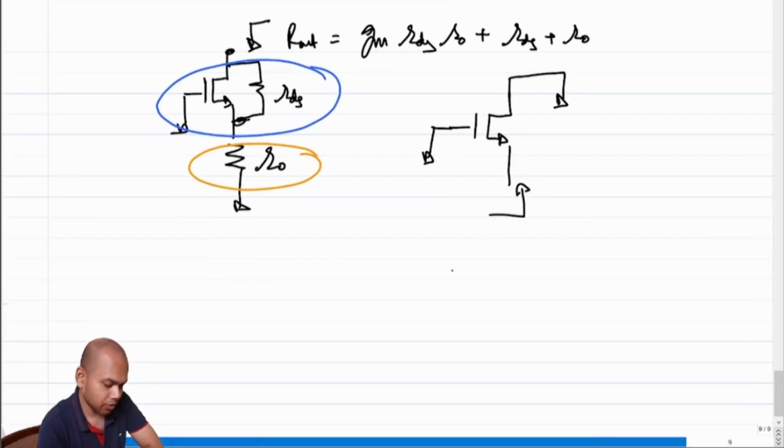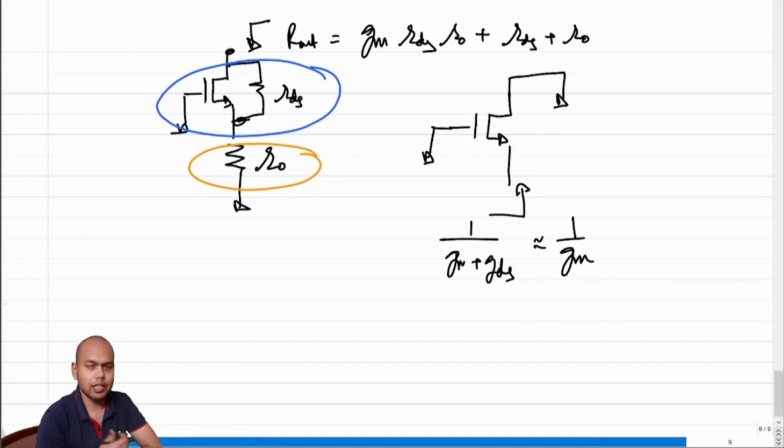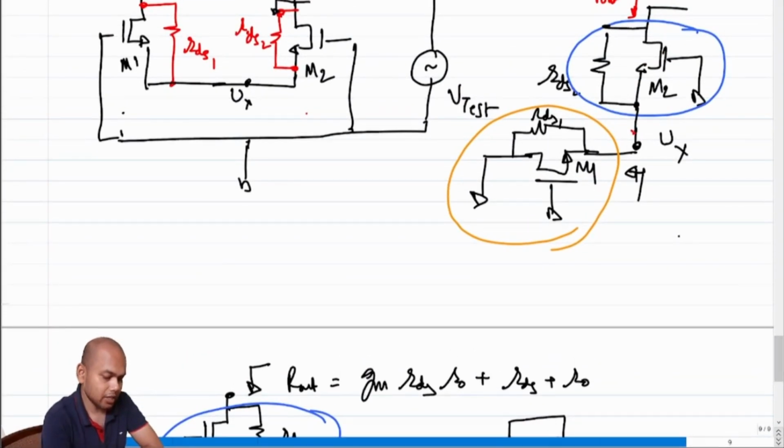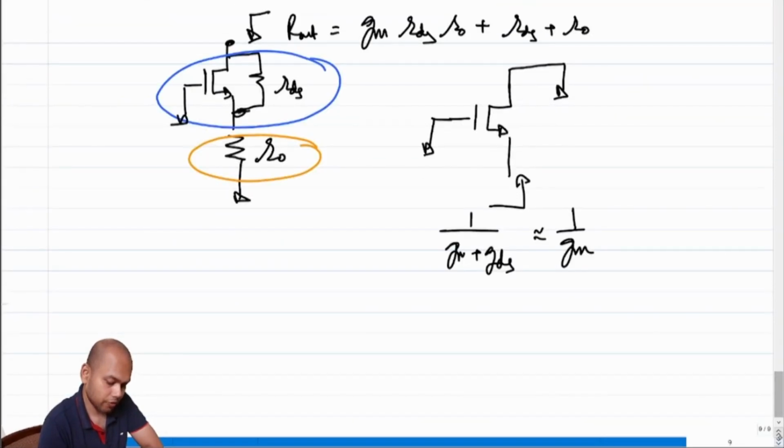That is equal to 1 over gm plus gds. This is almost equal to 1 over gm, as long as gm is much more than gds. So which essentially means the structure reduces to the following structure.